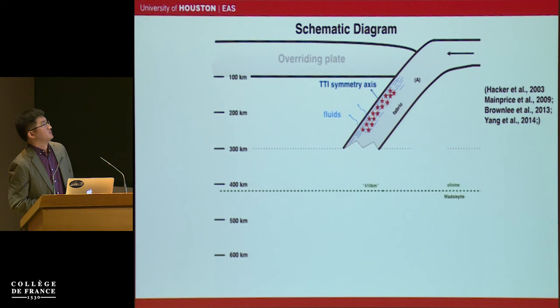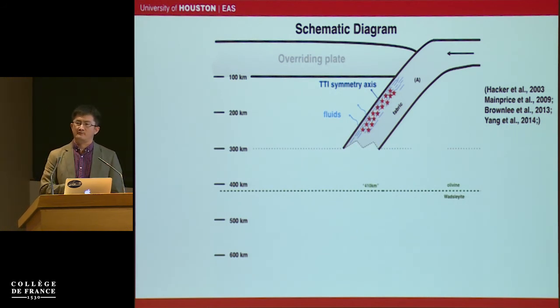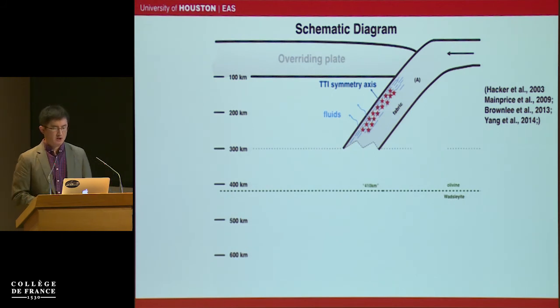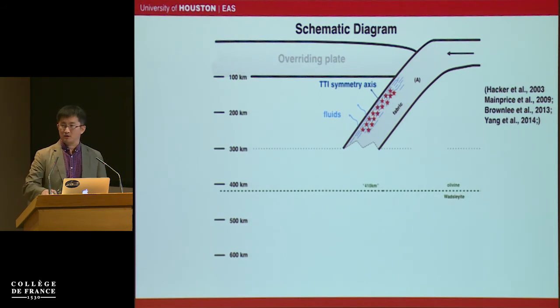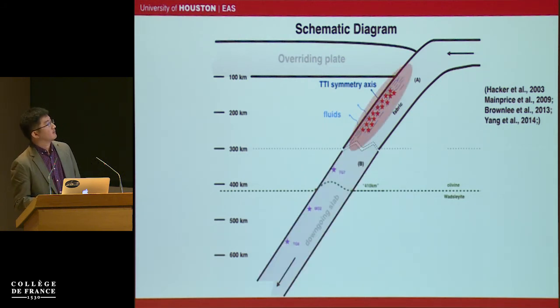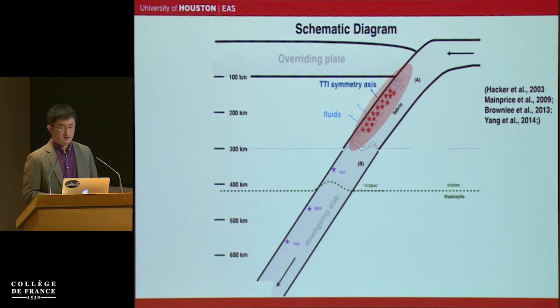This is consistent with the dehydration and the metamorphic reactions. You have this fine layering, possibly water fluid pockets, that generates very high anisotropy, and this layering is parallel to the slab interface. So we have 3 deep focus earthquakes, those below 300 or 350 kilometers, but it is actually different for different subduction zones.